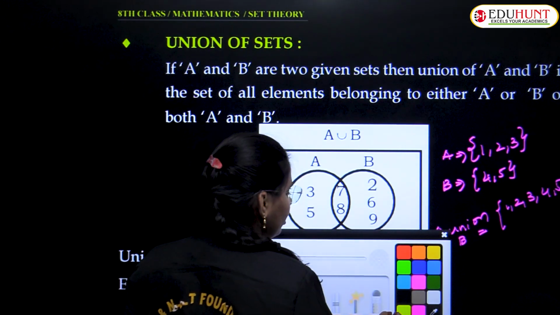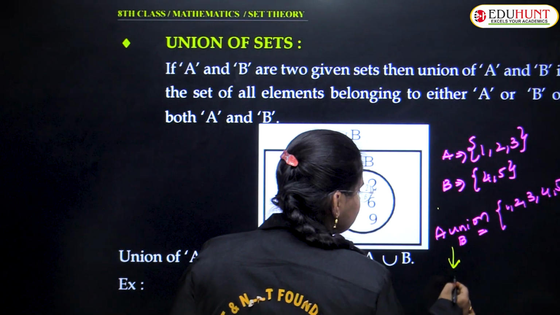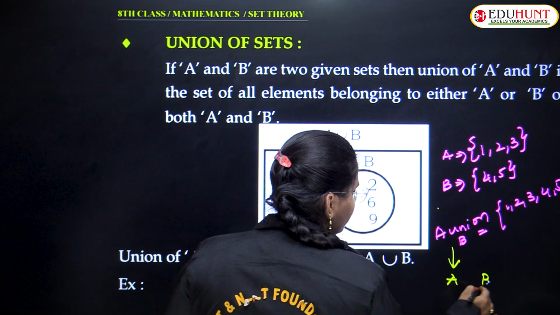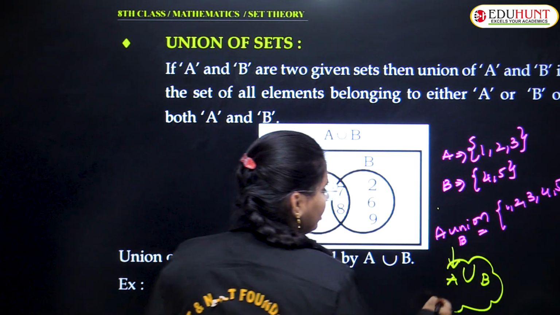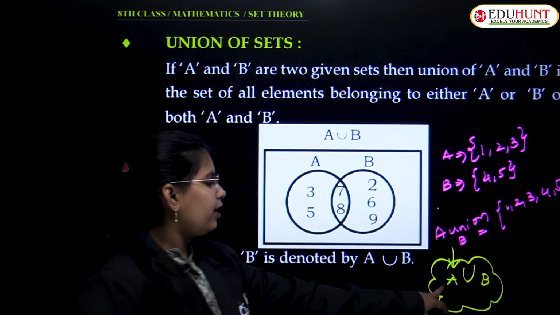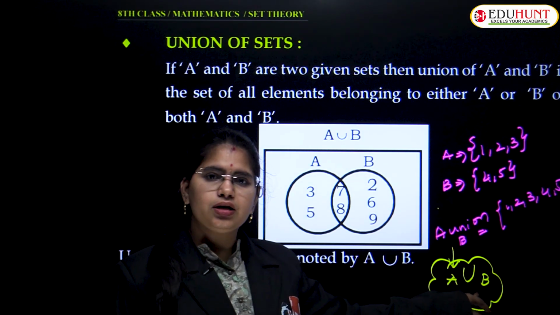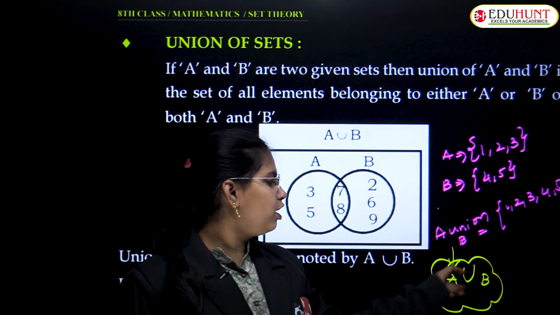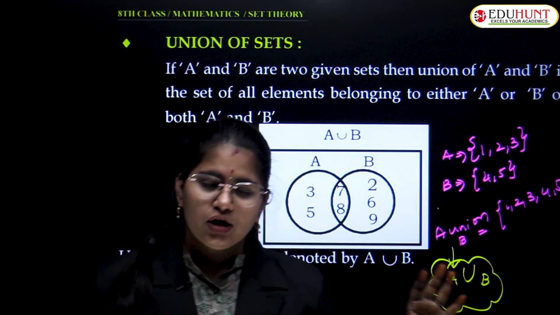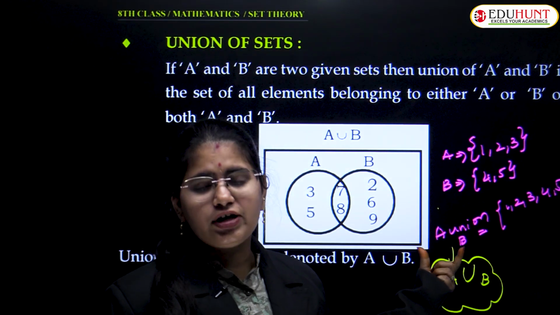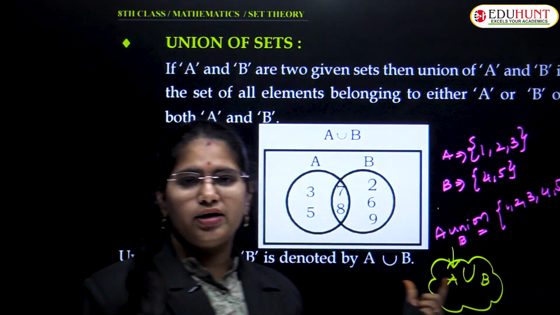A union B is notated as A, and this is B. Union is notated like this. Can you see here? The starting letter of union is U. So A union B is this. That is the notation. Let us take a glance at it and write down the notes to understand more.